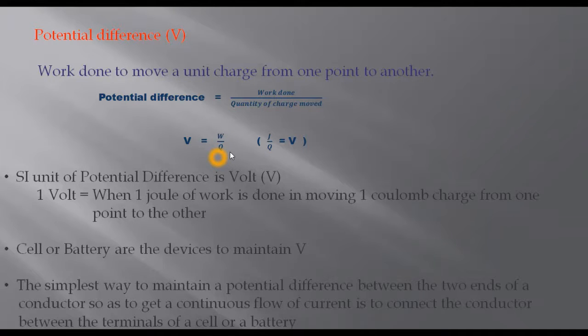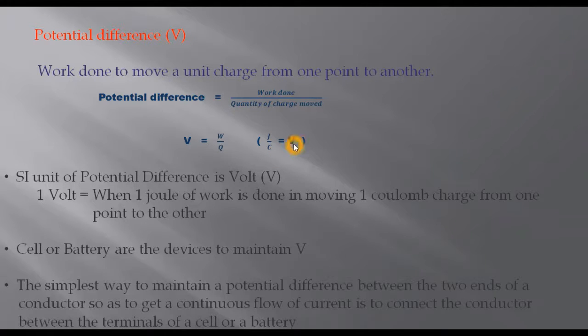Now, if we look at the SI unit of potential difference, the SI unit for work is joules, and the SI unit of charge is coulombs. So the unit for potential difference would be joule per coulomb, and this is equal to the volt.